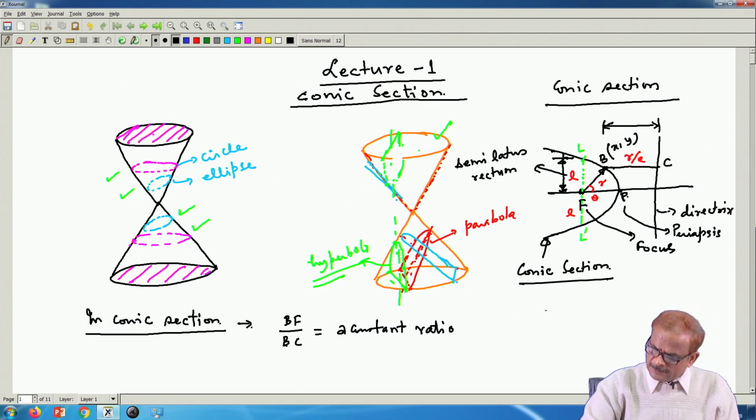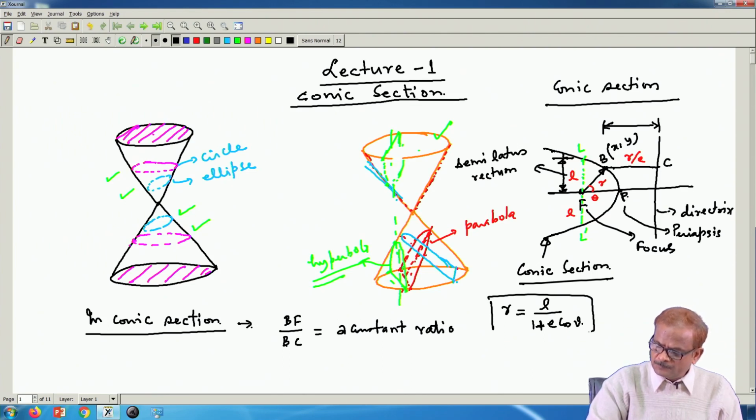Later on we will learn that the conic section equation can be written as r equals L by 1 plus e cos theta. This is the general equation in polar form.